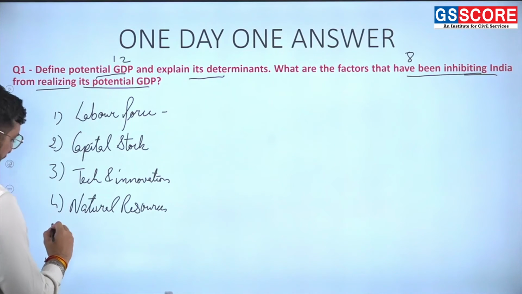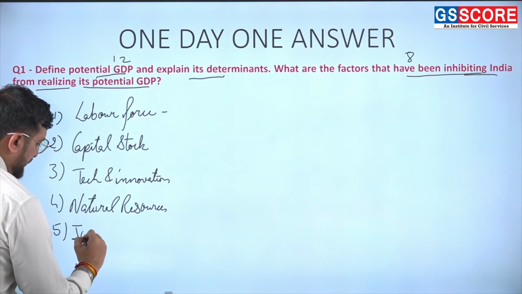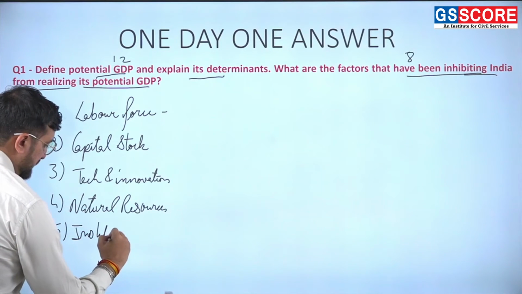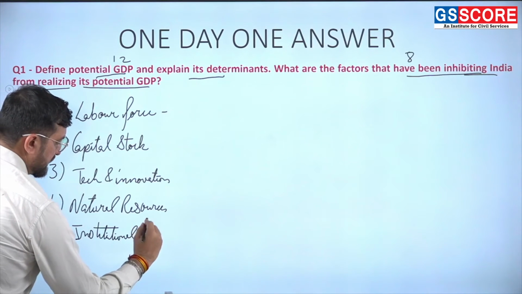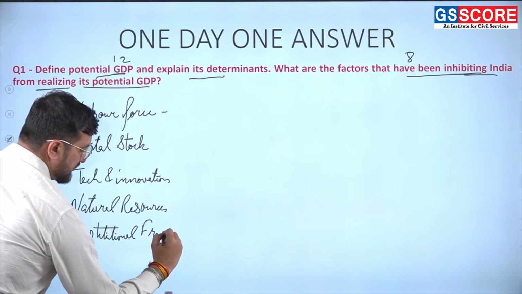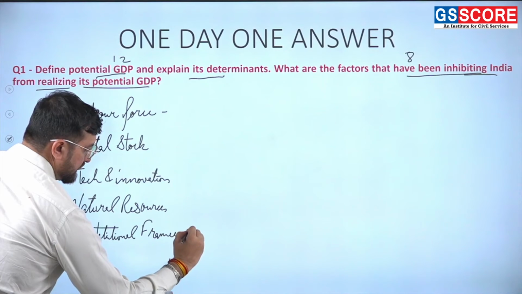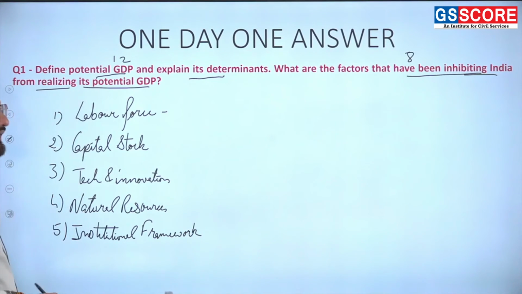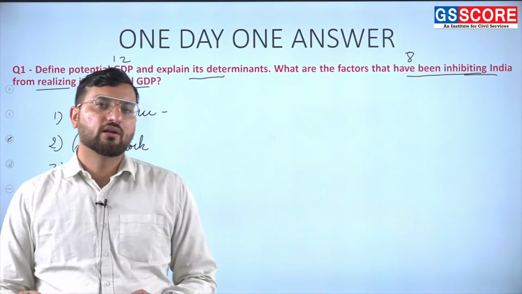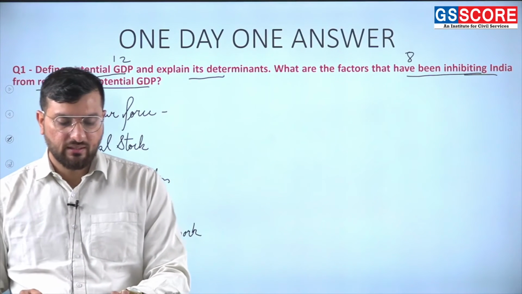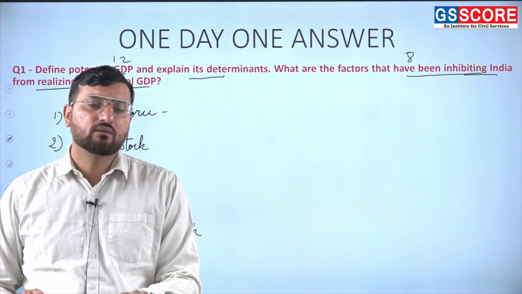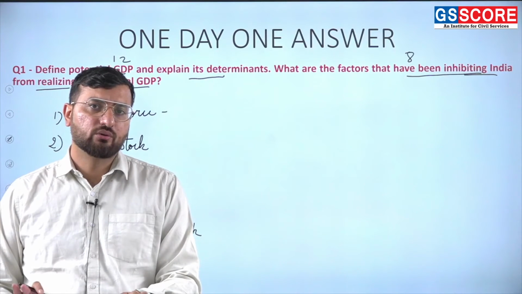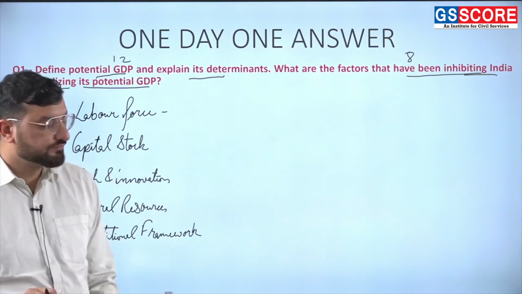Then institutional framework. Institutional framework can be the rules and regulations in your country, policy making, property right regulations, environmental rules. All such things are quite important to reach the GDP potential.